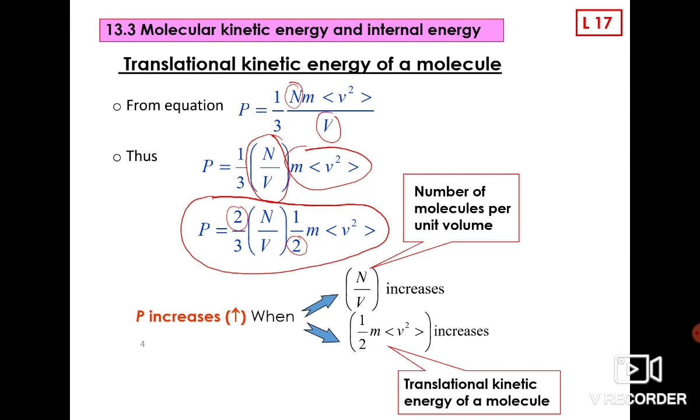P also will increase when half mv square is increased. So half mv square here represents translational kinetic energy of a molecule.